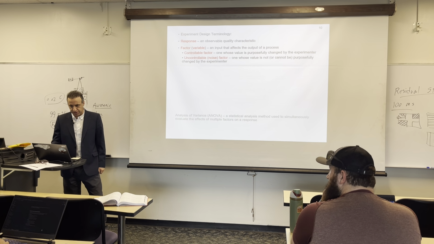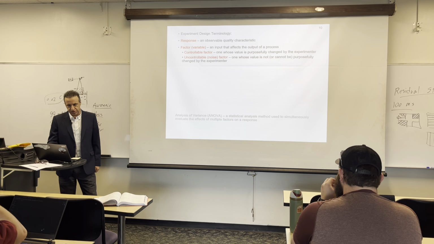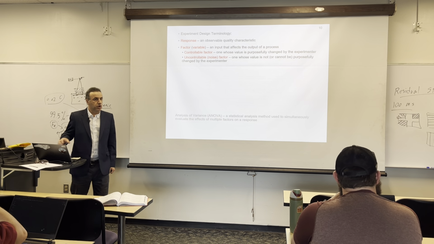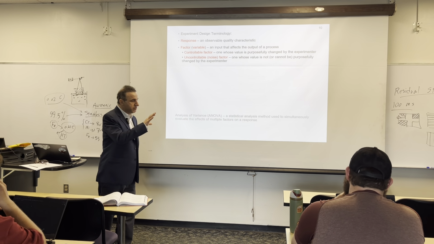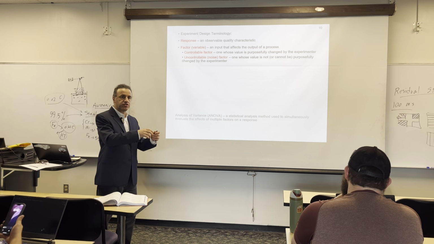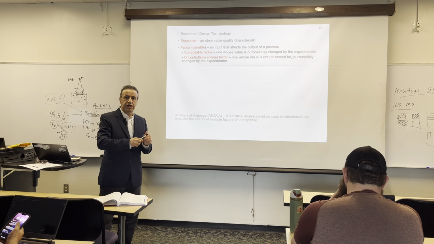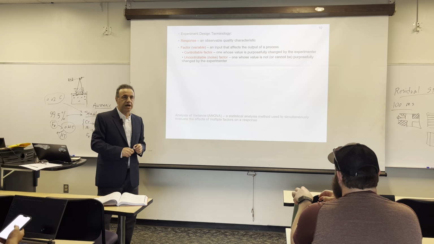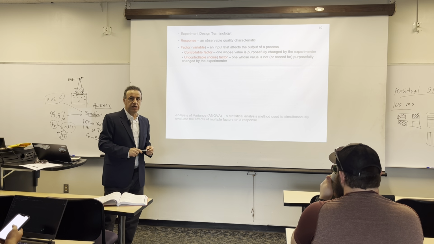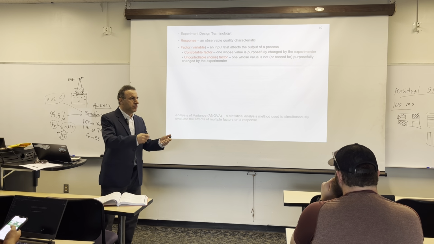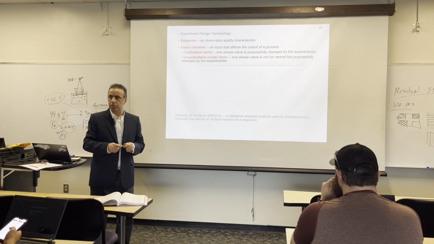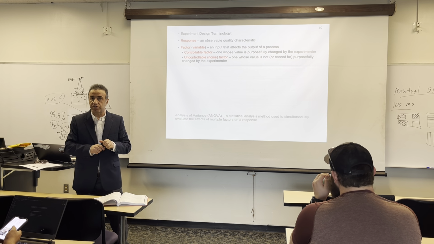Okay. So there are some terms in design of experiment. The term response: you have an input, remember, we have a factor. We change a factor, a variable, and then it's going to change the output. Let's say we have a flower or grass we want to feed. We want to use some fertilizer.